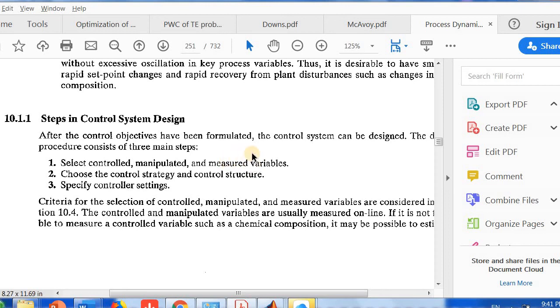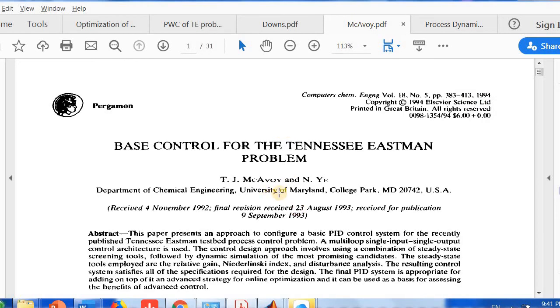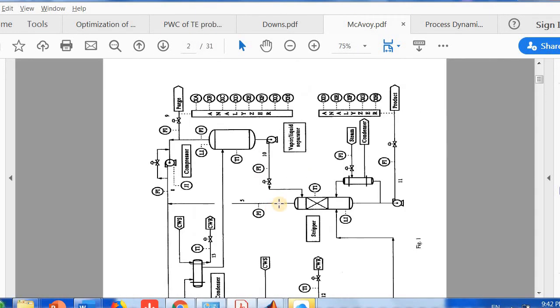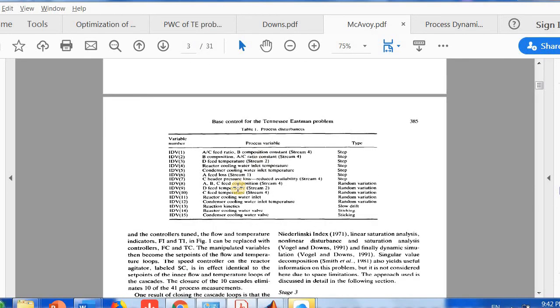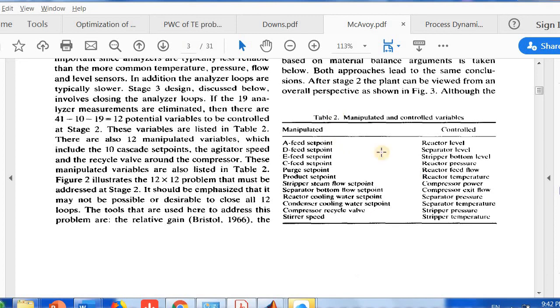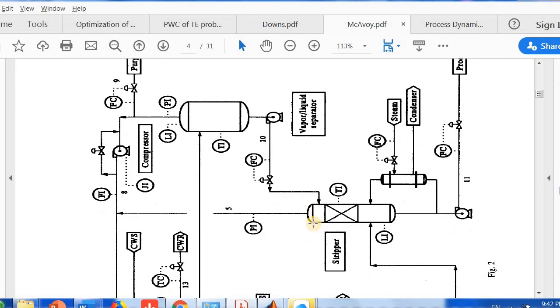When you do this, remember that you can use RGA analysis. Oh my God, you want me to do RGA analysis? If you go to McAvoy, he did a great job. This is the plant, with the same process variables and the same manipulated and control variables.